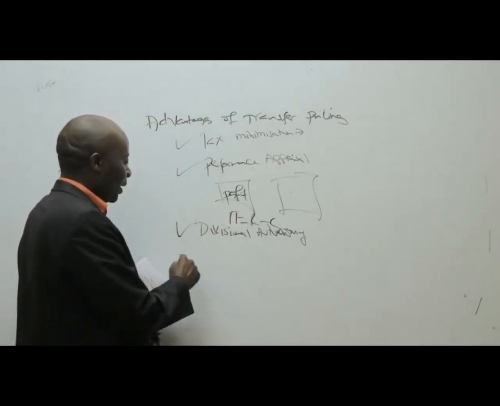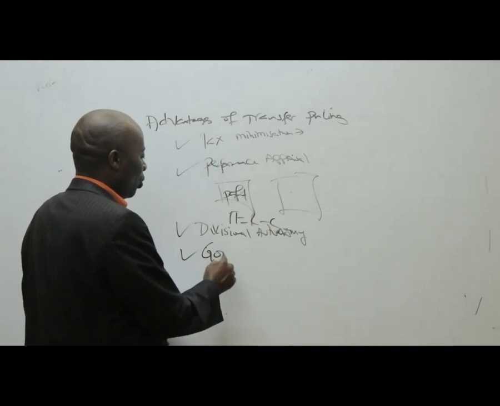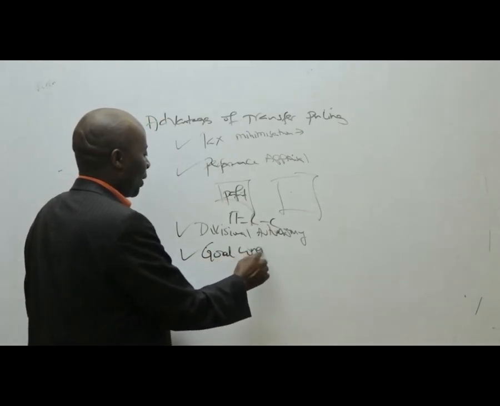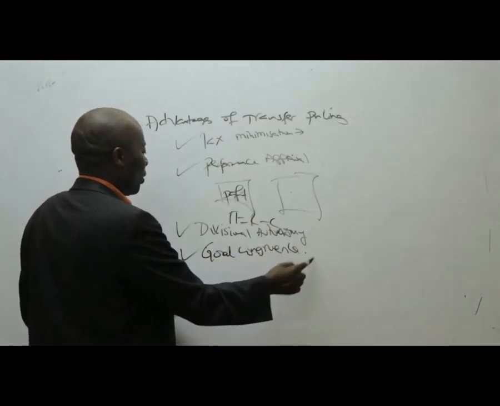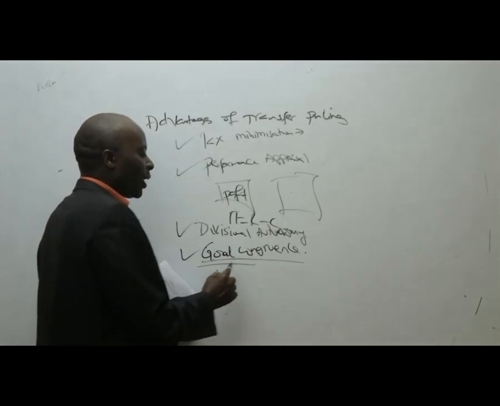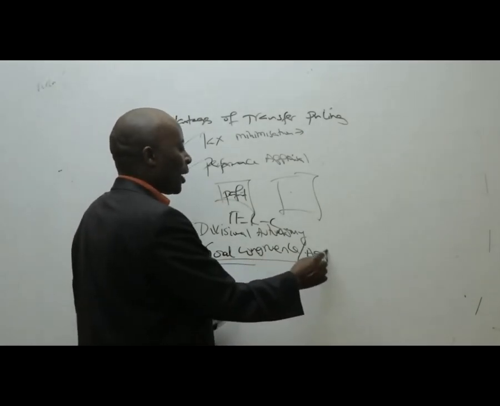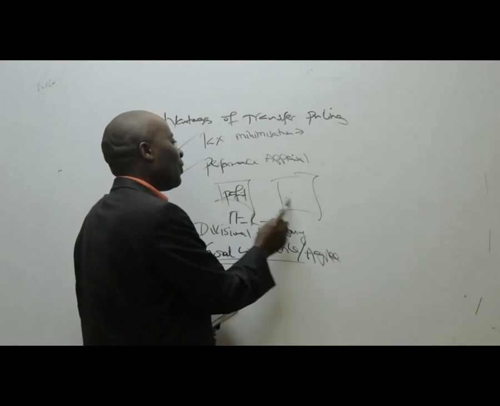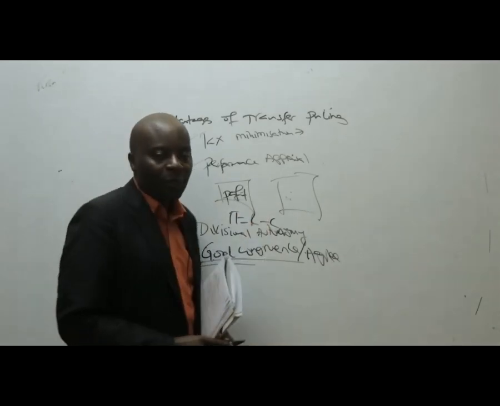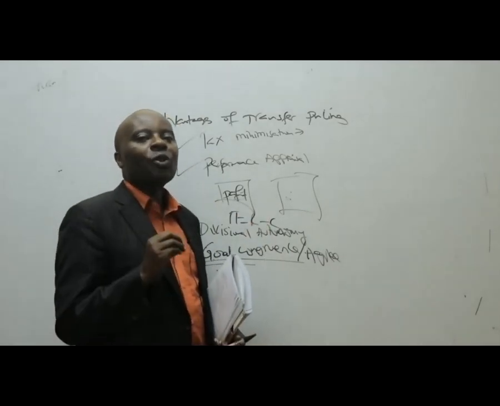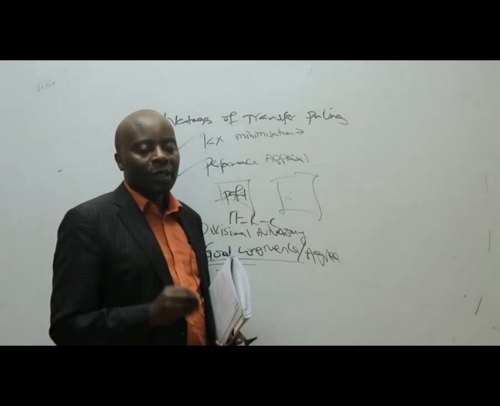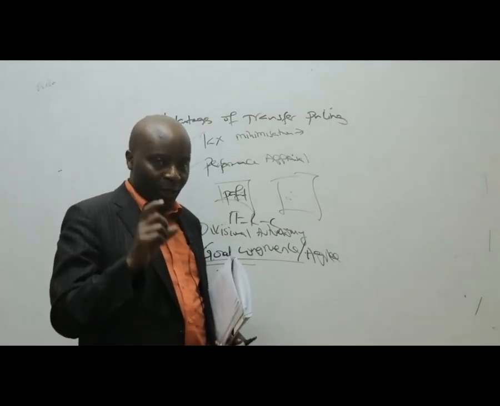Then, of course, we have what we call goal congruence, which is goal agreement. We have been able to convert these divisions into profit centers, so each division knows that they shall be appraised using profit as the metric.